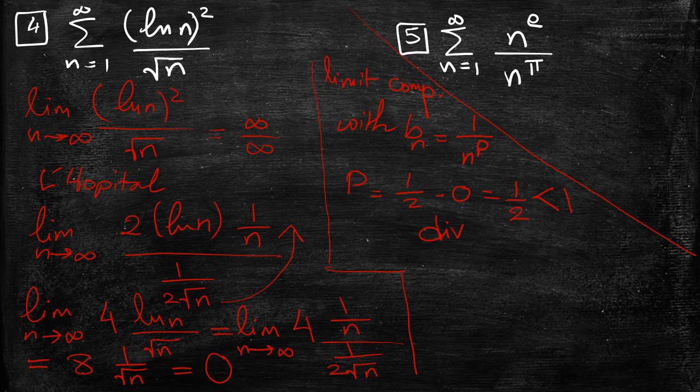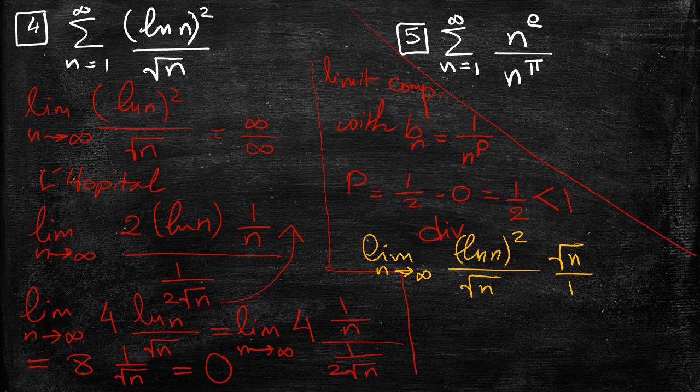So what should we do? Just limit n approaching infinity of my an, which is ln n squared divided by square root of n, divided by bn, which is 1 over square root of n, so it's square root of n over 1. Just this square root of n will cancel with this one.